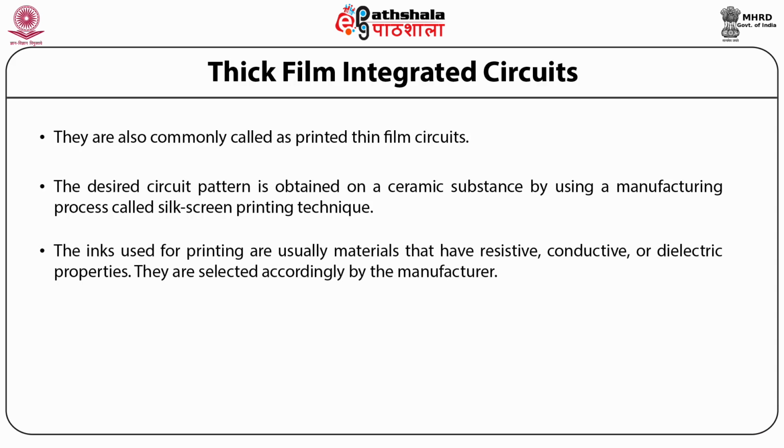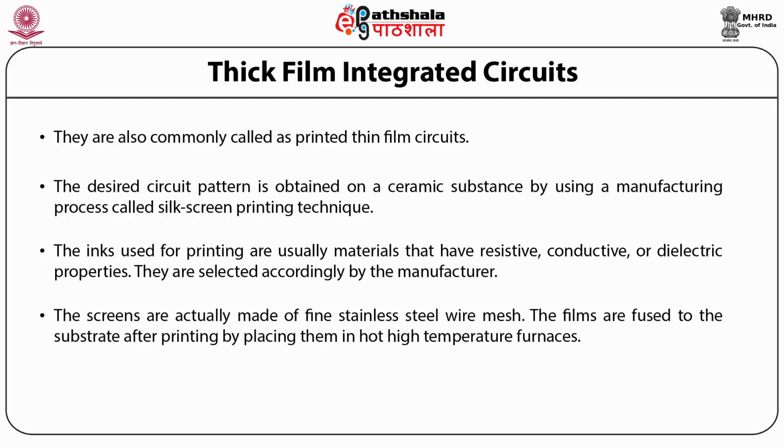Here the inks used for printing are usually materials that have resistive, conductive or dielectric properties. They are selected accordingly by the manufacturer. The screens are made up of fine stainless wire mesh.